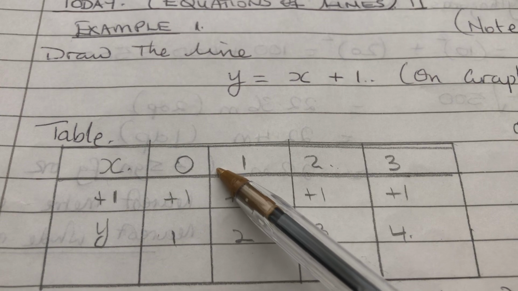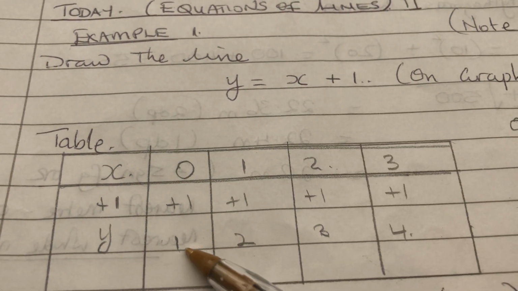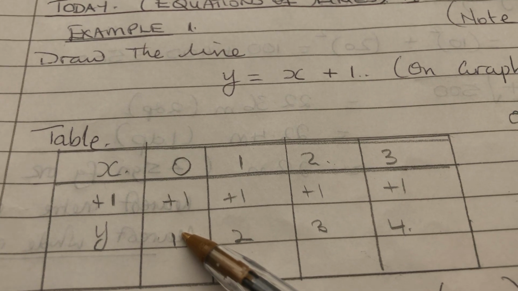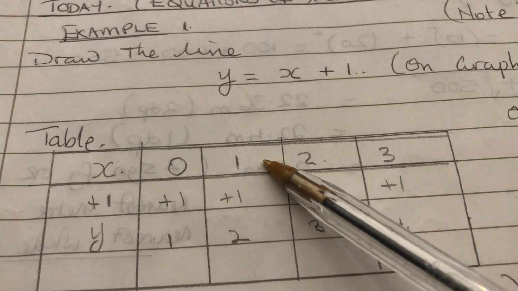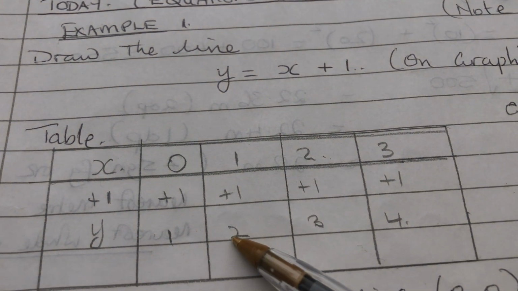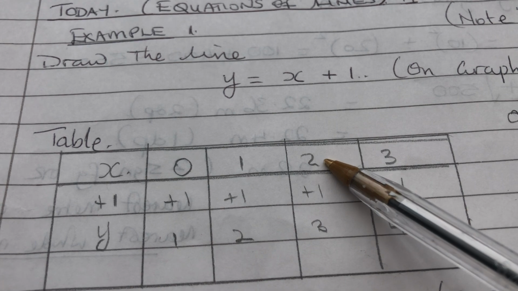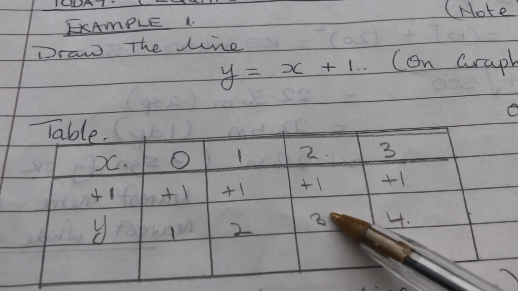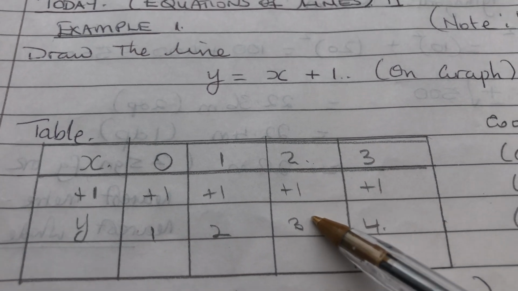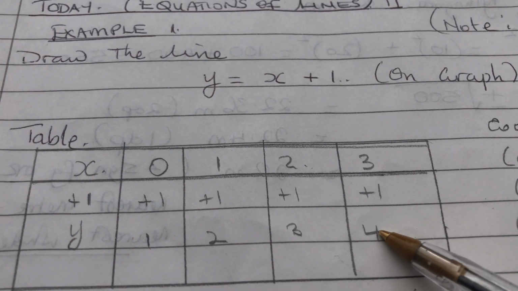So when x is 0, plus 1, y is 1. When x is 1, plus another 1, y is 2. When x is 2, plus 1, y is 3. When x is 3, plus 1, y is 4.